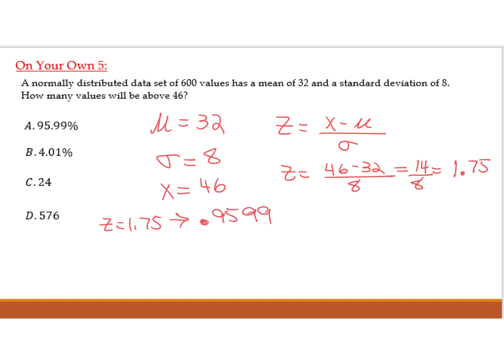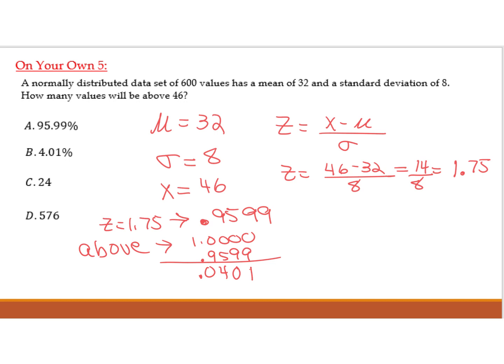Now, it asks me, how many values will be above 46? Remember, when it is above, we have to take that decimal and subtract it from 1. So I'm going to subtract 0.9599. 9 from 10 is 1.